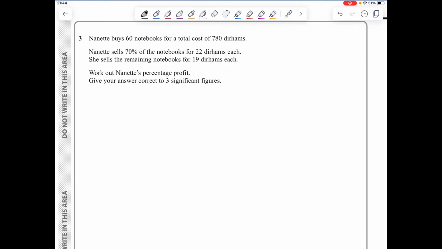I'll start question 3 by calculating the 70% of the 60 notebooks. This gives me 42 notebooks. Now I'll multiply the 42 by 22, which is the unit price for each notebook. This gives me 924 dirhams.